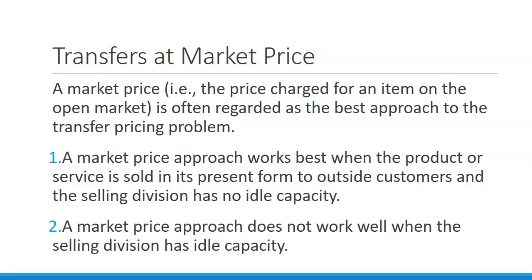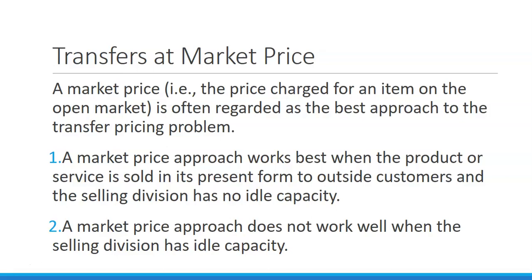It doesn't work well when there's a lot of idle capacity or if it's a component price. Therefore, the thing that is being transferred can't be sold unless it's further manufactured. And that means there's no outside market for it. So there's not really a market demand or market price.